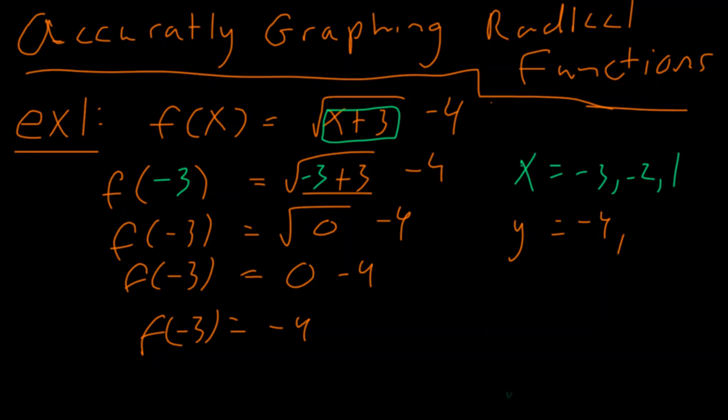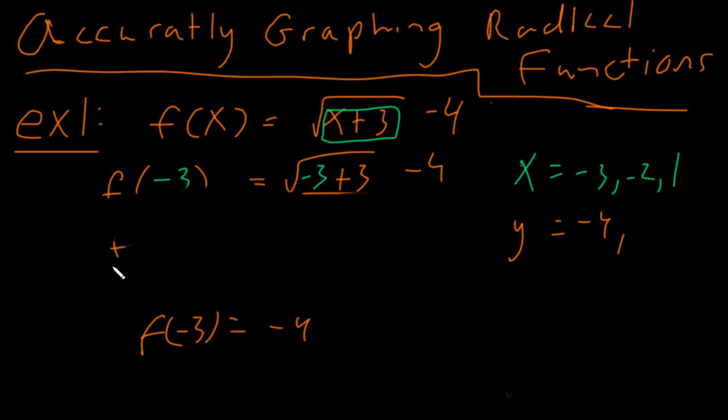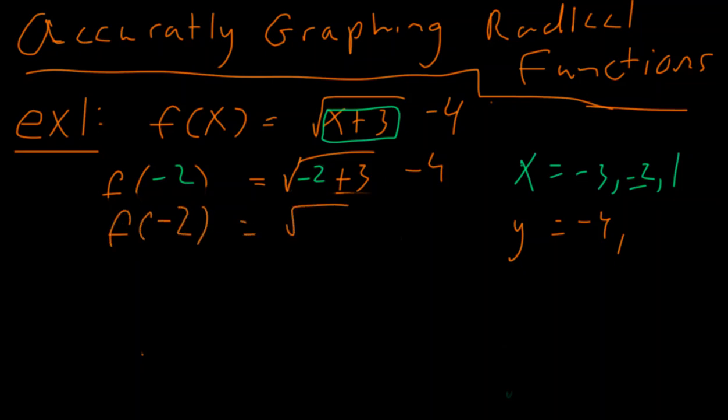All right, guys, I would encourage you to pause this and finish taking your notes. Let's move on to the next x value. A cool thing here, for my screen at least, is I can just erase my inputs. Now I'll go to my next input, negative 2. So f of negative 2 is equal to the square root of negative 2 plus 3, which is 1, minus 4.